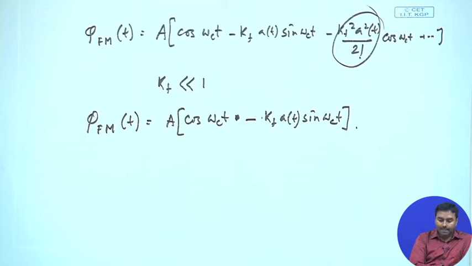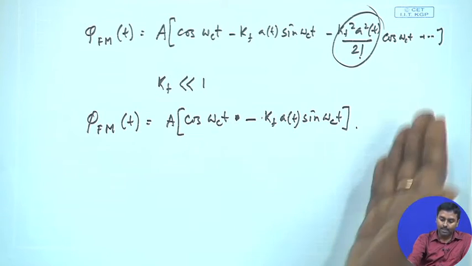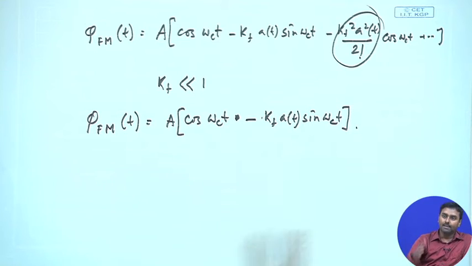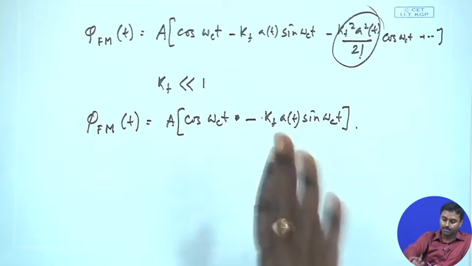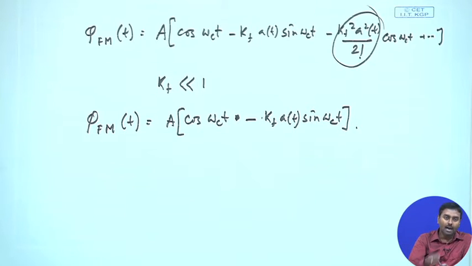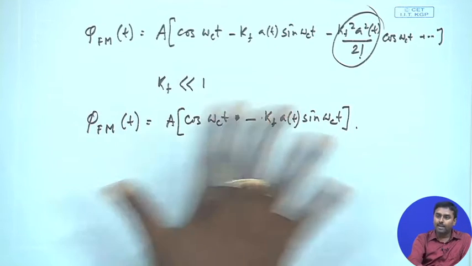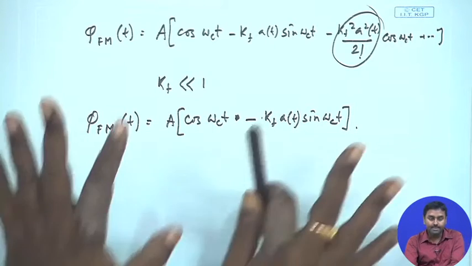But there will be some amplitude variation once we start truncating it, because all those higher terms were balancing the amplitude variation. So once we truncate, however small, there will be some amplitude variation. We will also see, when narrowband FM is generated, how we really control that part.